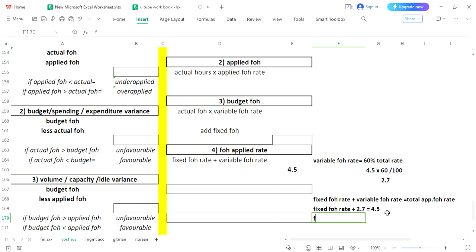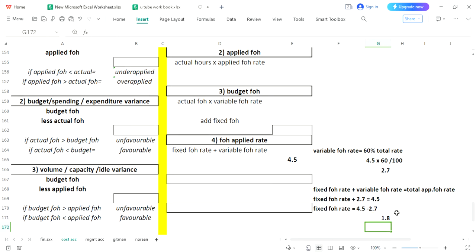So fixed FH rate would be equal to 4.5, which is already present on the right side of is equal to, minus 2.7, which is migrating from the left side, so it would be subtracted. Now finally we can put it on our calculator: 4.5 minus 2.7. So we have got 1.8 fixed FH rate.